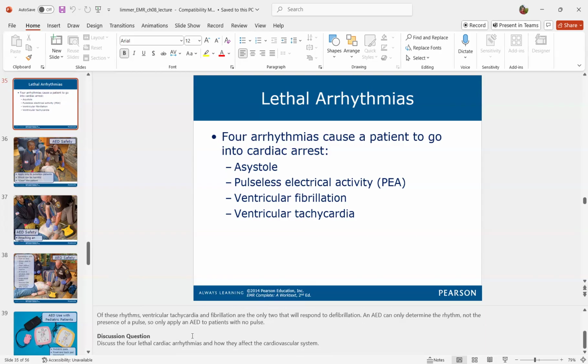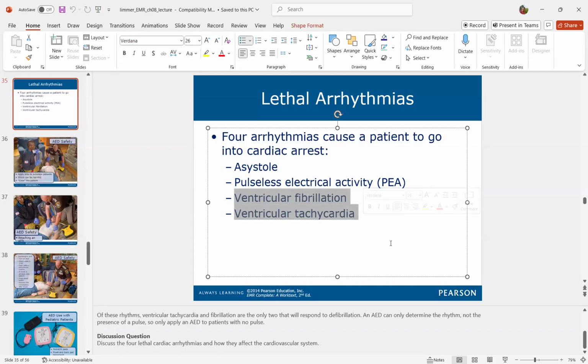Of these rhythms, VTach, or ventricular tachycardia, and ventricular fibrillation are the only two that the AED is going to respond to. So if the AED says shock advised, they're in one of these two rhythms that the AED can shock and hopefully push them back into a normal sinus rhythm, so their heart starts pumping normally again.